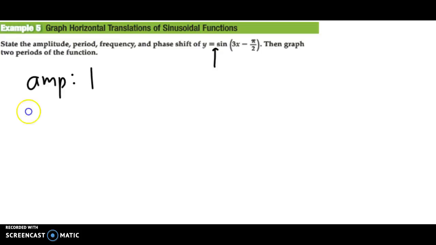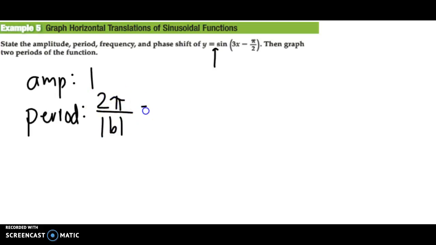Next, we have to find the period. The period, remember, is 2 pi over the absolute value of b. So in ours, b is 3, so we do 2 pi over 3 as our period.